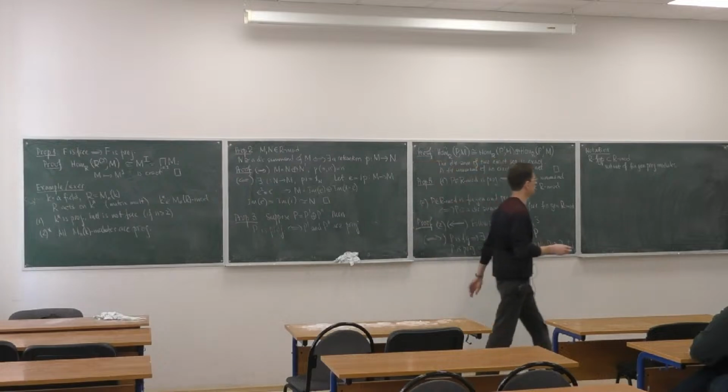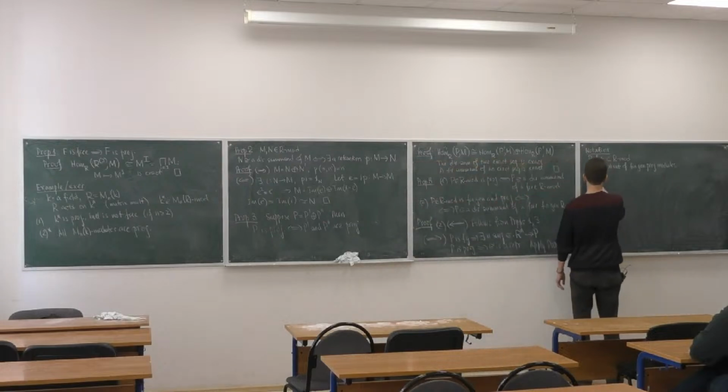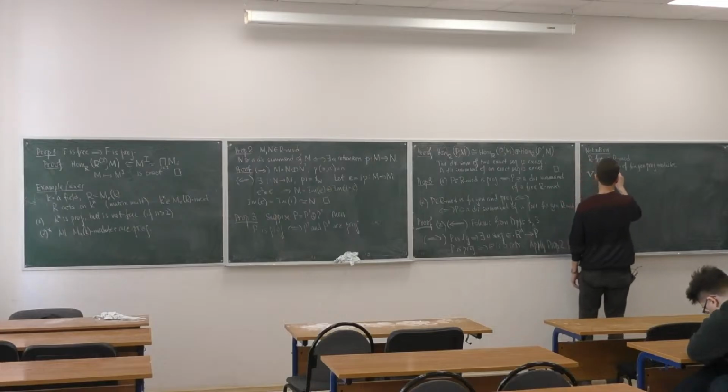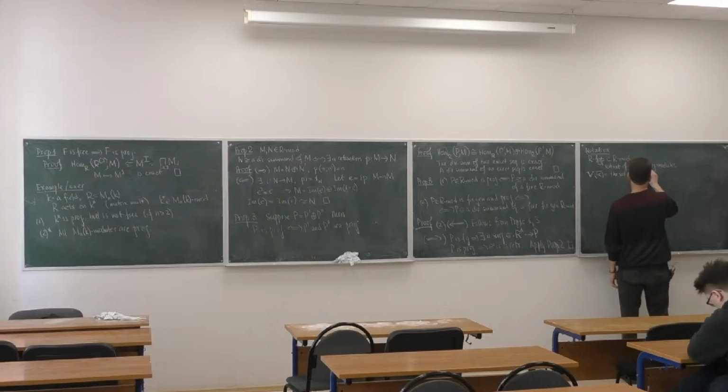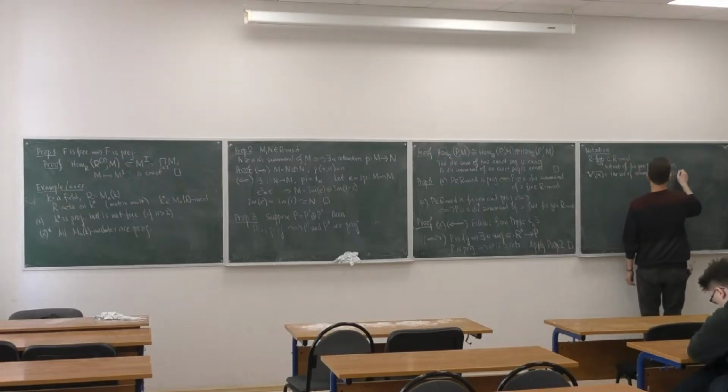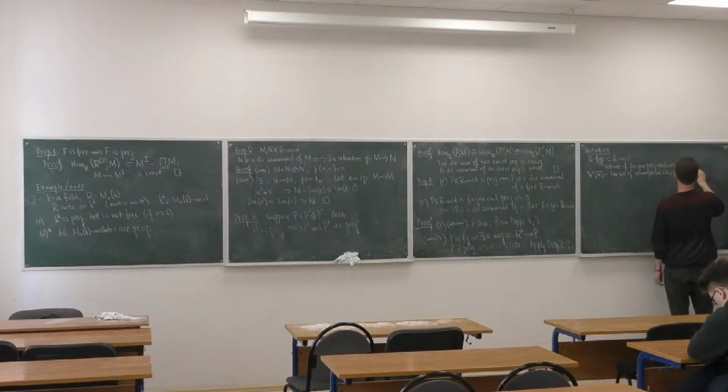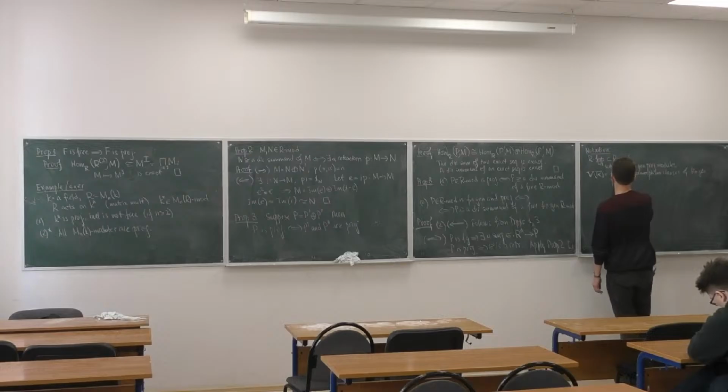So more exactly, we will introduce the following set, which will be denoted by V of R. This is the set of isomorphism classes of finitely generated projective R modules.